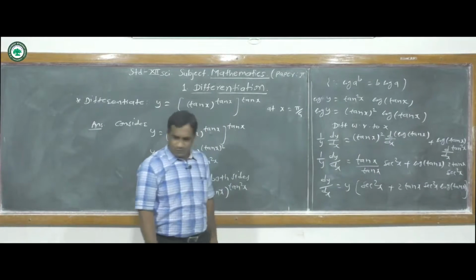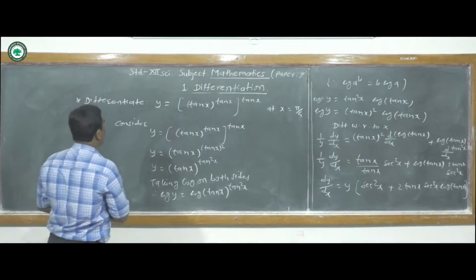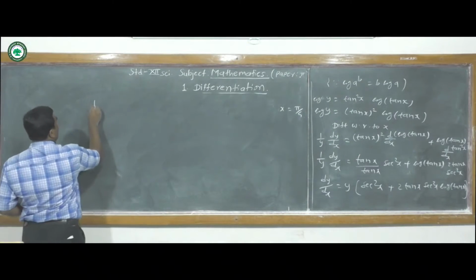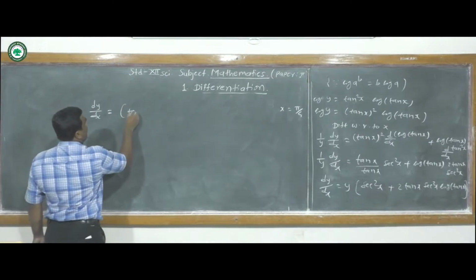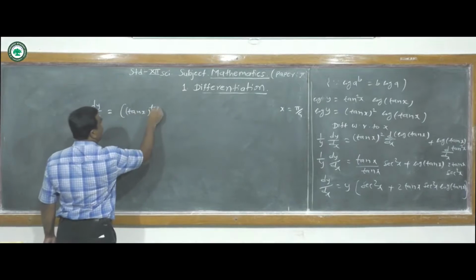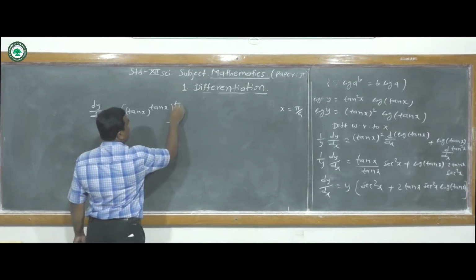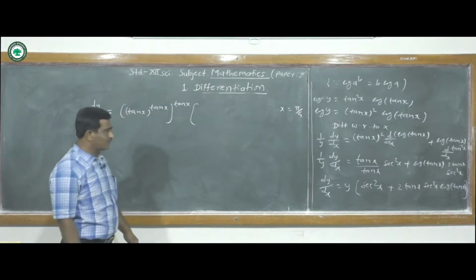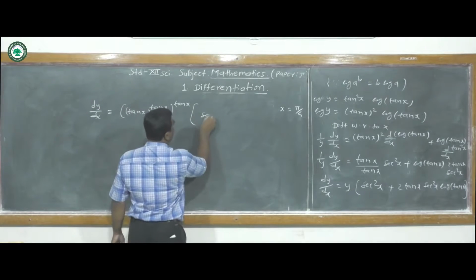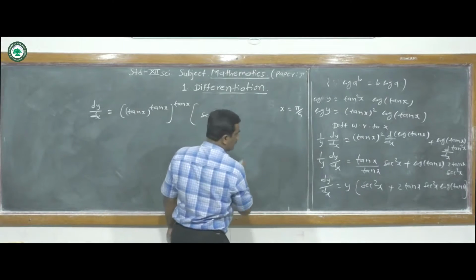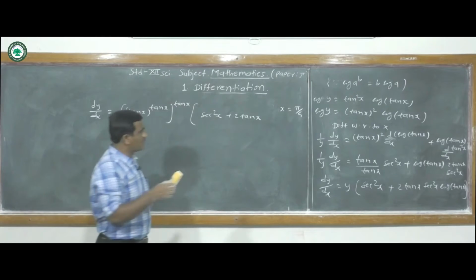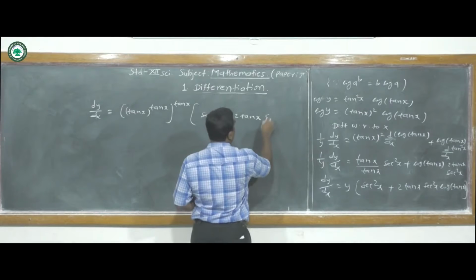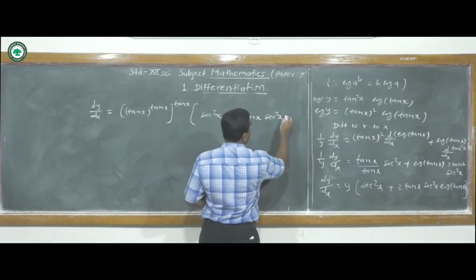Okay, now finally put the value of y here. y is equal to the given function, therefore we can write dy by dx is equal to (tan x) raised to tan x, whole raised to tan x, into, in bracket, sec square x plus 2 into tan x into sec square x into log of tan x.